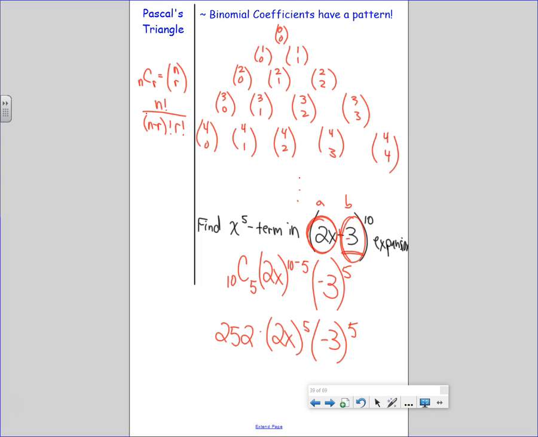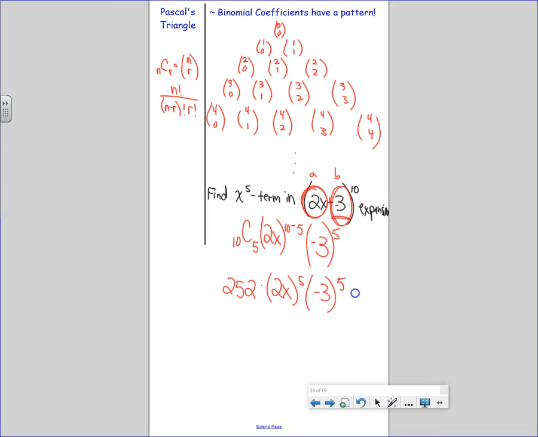Someone with a calculator, to finish off our final example of the day: 252 times 2 to the 5th times -3 to the 5th. What is the coefficient of the x to the 5th term in this expansion? Melody's working. Janelle's working. Thomas is working.